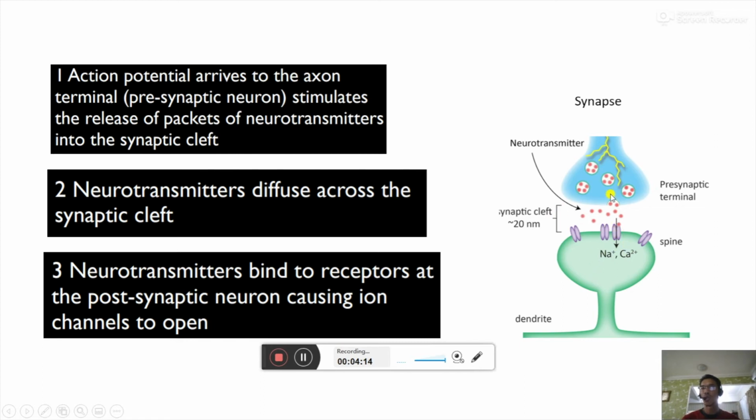It will change the strength between this and here based on the number of neurotransmitters reacting and stimulating here, because this depends on the number of neurotransmitters and the number of channels to be opened here that affect another electrical signal.